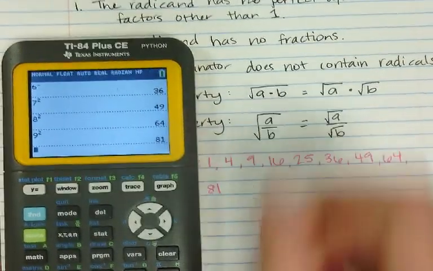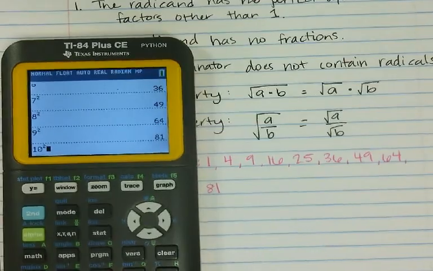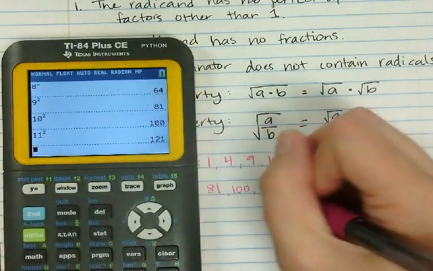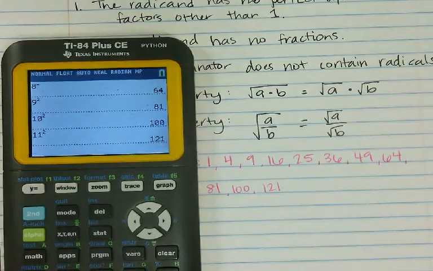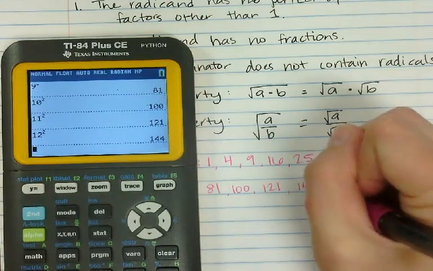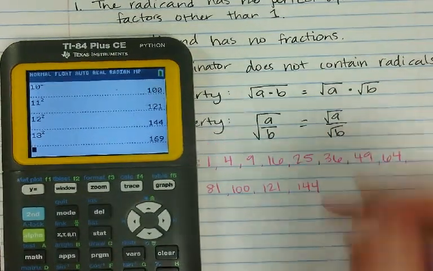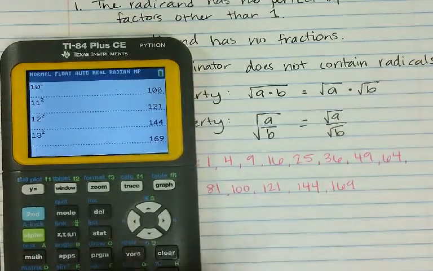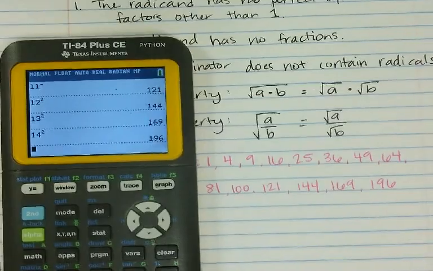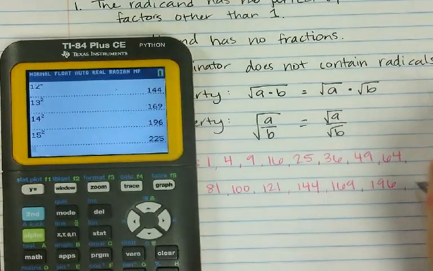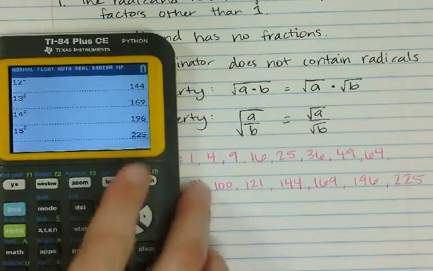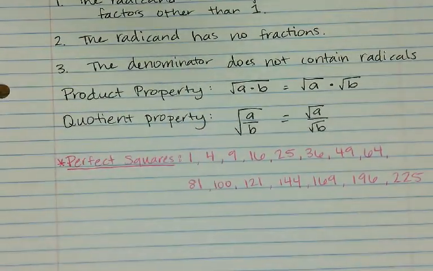Okay, I see 81, 100, 121, 144, 169, 196, and 225. So y'all, these right here are my perfect squares, numbers 1 through 15.